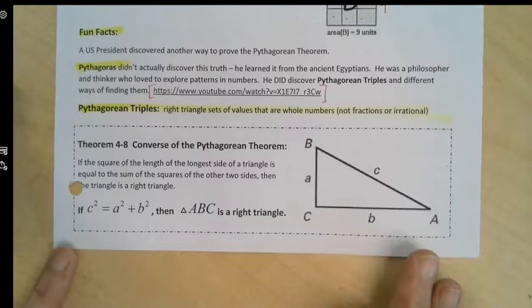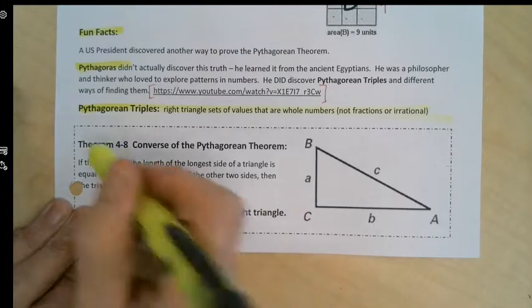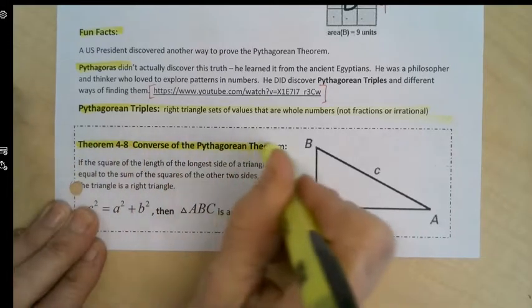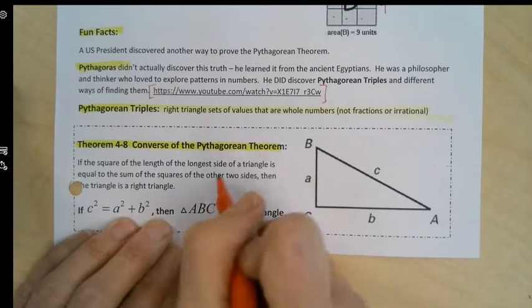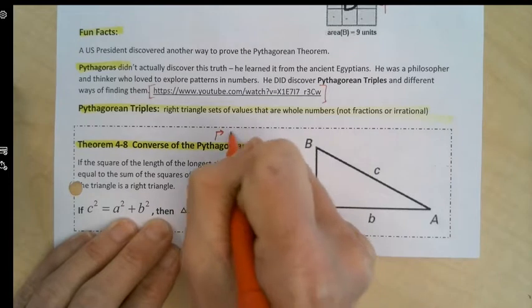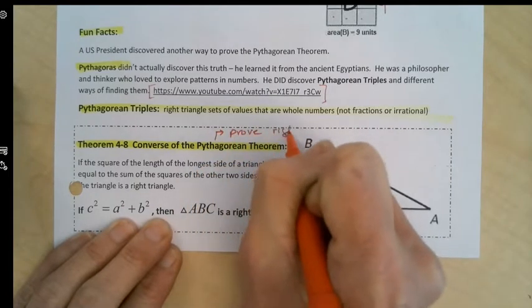Here's the new part, and this is what is new to us. We've been using the Pythagorean theorem, saying if this is a right triangle, then this story is true. Geometry introduces us, of course, to the converse, meaning that we can use this relationship to prove right triangles.